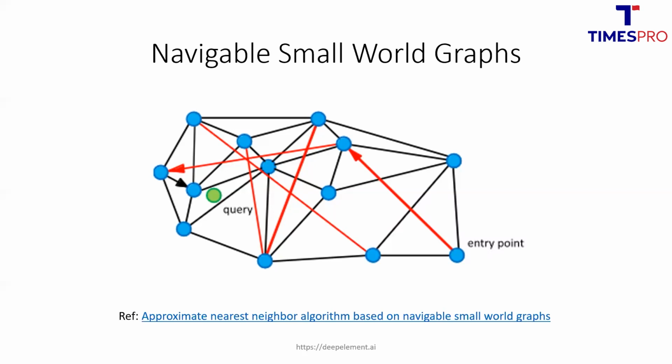Every point will be connected to m points which are closer to it. So when we want to draw edges from this point, we will see which points are closest to this. We select m closest points and draw an edge from this point to all those other points.